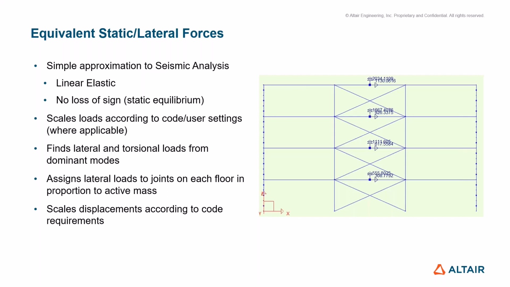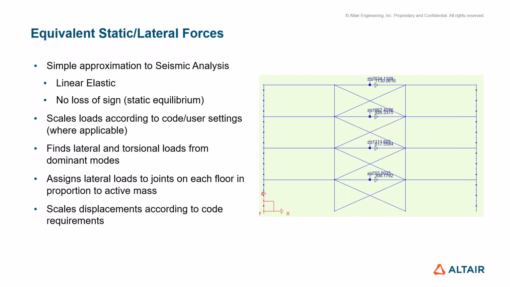And it's going to allow you to have the option to scale loads according to different code or user settings that you might define. It will also look at finding the lateral and torsional loads from the dominant modes in your model. So it can identify the dominant modes, those that have the greatest mass participation, and extract those lateral and torsional loads from there. And it will assign those loads to each floor in proportion to the active mass on that floor.